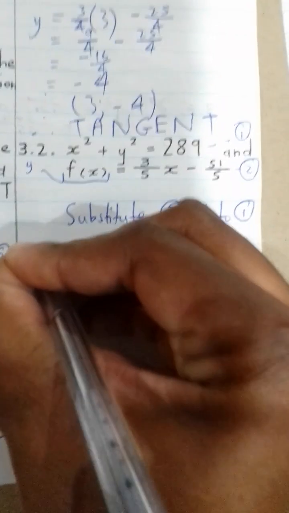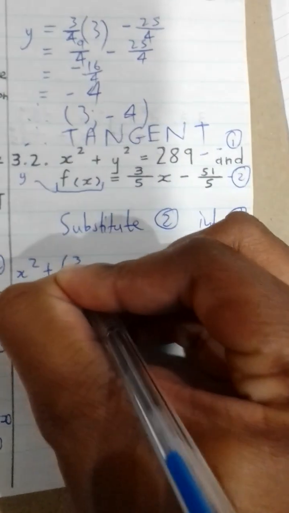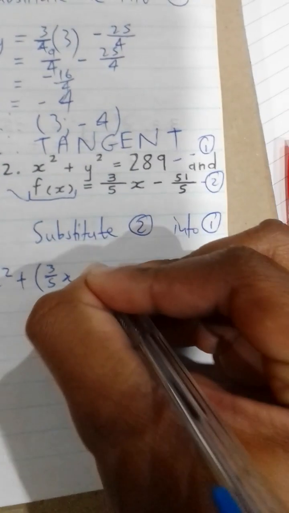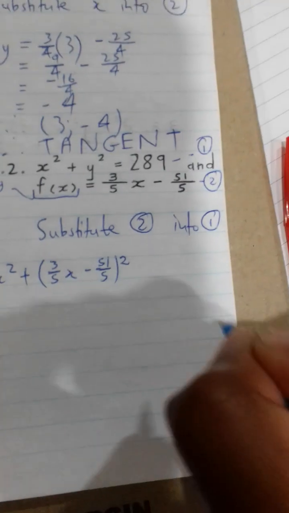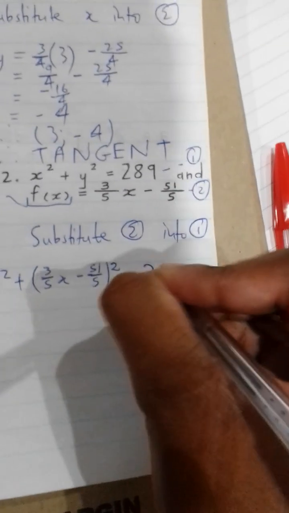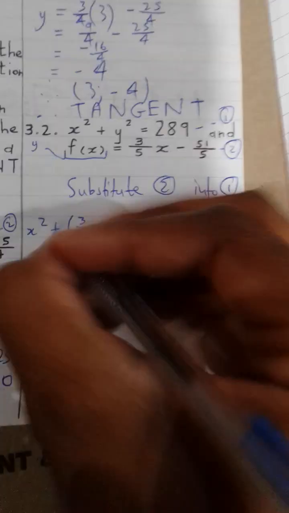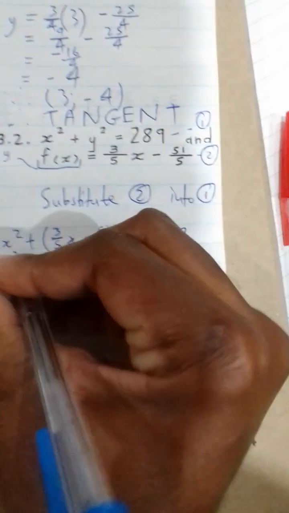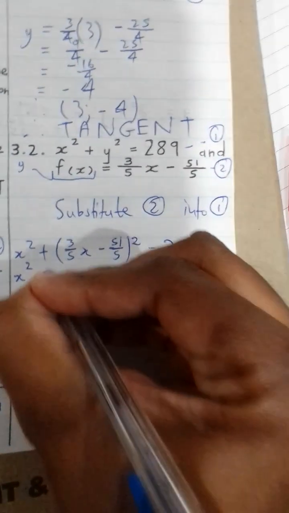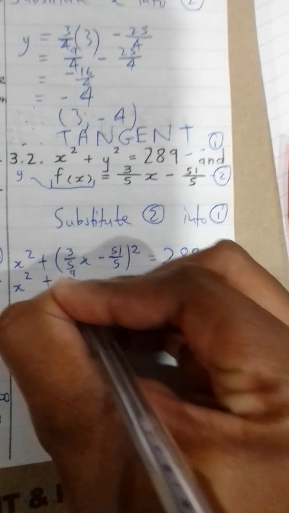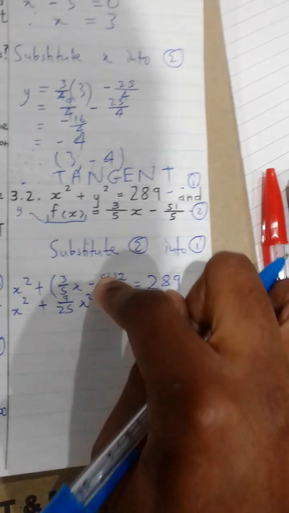So we have x squared plus 3 over 5x minus 51 over 5 squared is equal to 289. Okay, so we have x squared, 3 over 5 squared is 9 over 25x squared, and then their product times 2.